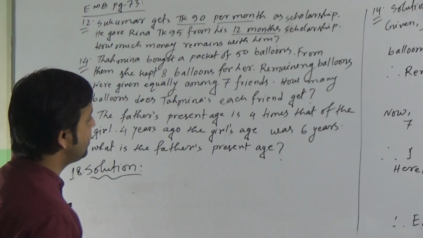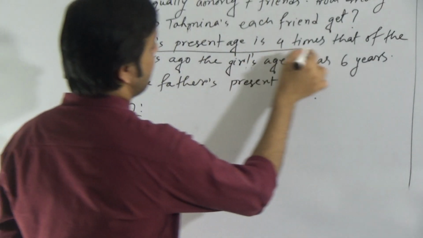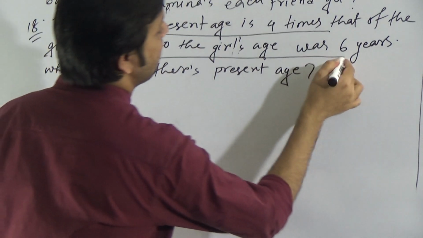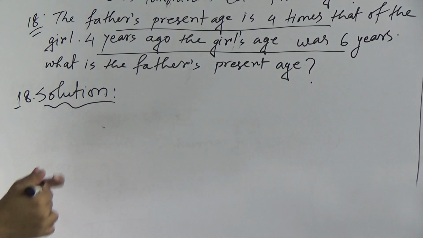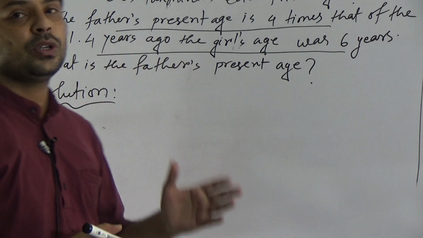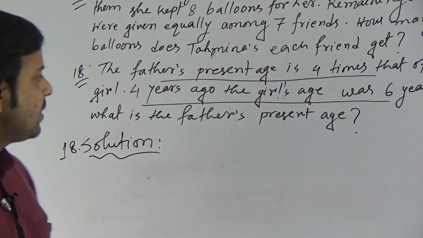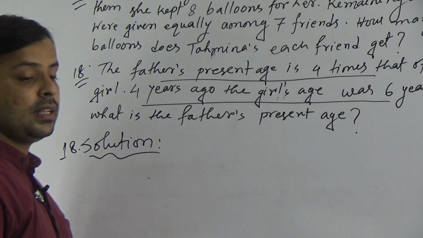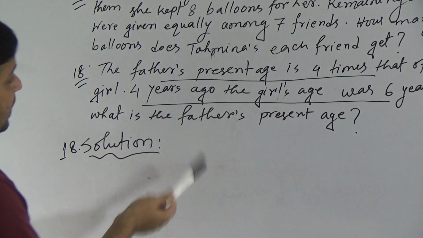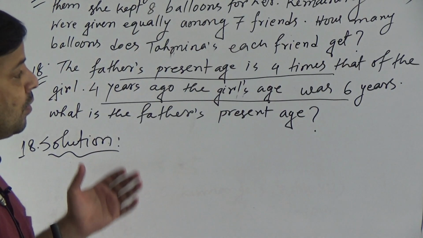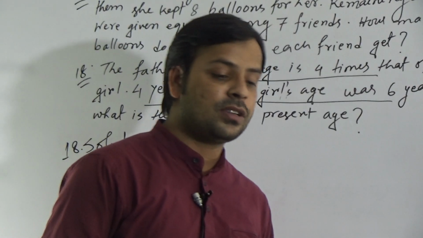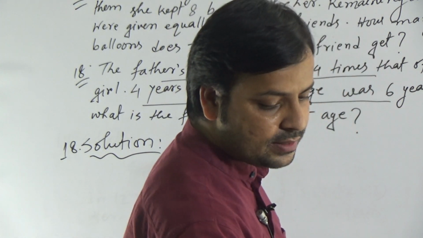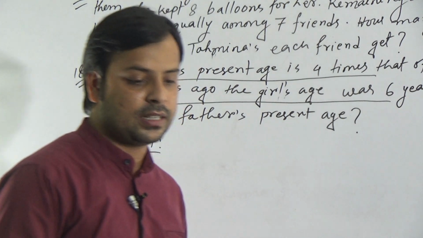The given information is the father's present age is 4 times that of the girl, and 4 years ago the girl's age was 6 years. So the present age of the girl will be 4 years more than 6. So we have to add 4 with 6 to get the present age of the girl. Then if we multiply that by 4, we will get the present age of the father, as the father's age is 4 times that of the girl.